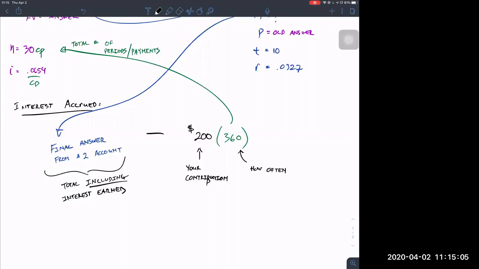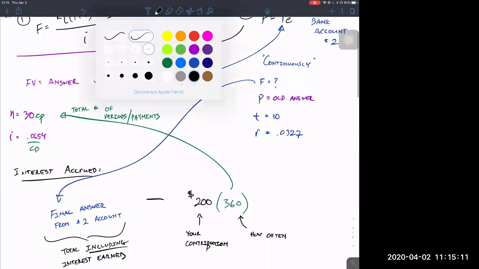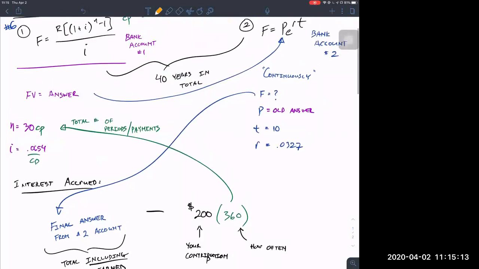Now, I mentioned this briefly in class, but if you did this the traditional way, I'm going to write this in orange, starting on the right side, if you took F minus P, right? And then you went back to the left side now, which is the first equation, and you did it the way we learned it here, FV minus R times 360, right?